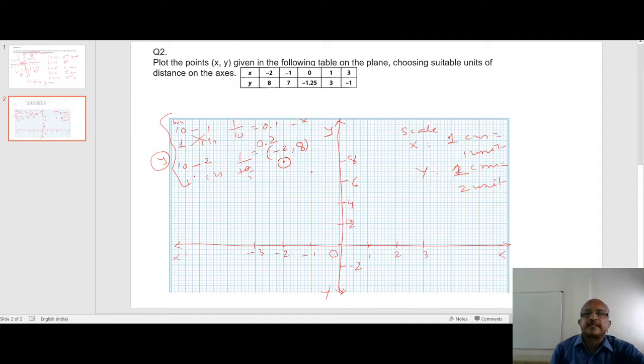So practice it. Now 0 and -1.5. So x is 0 and y is -1.5. So its half will be -1. If we take 1 box, that means 0.2.